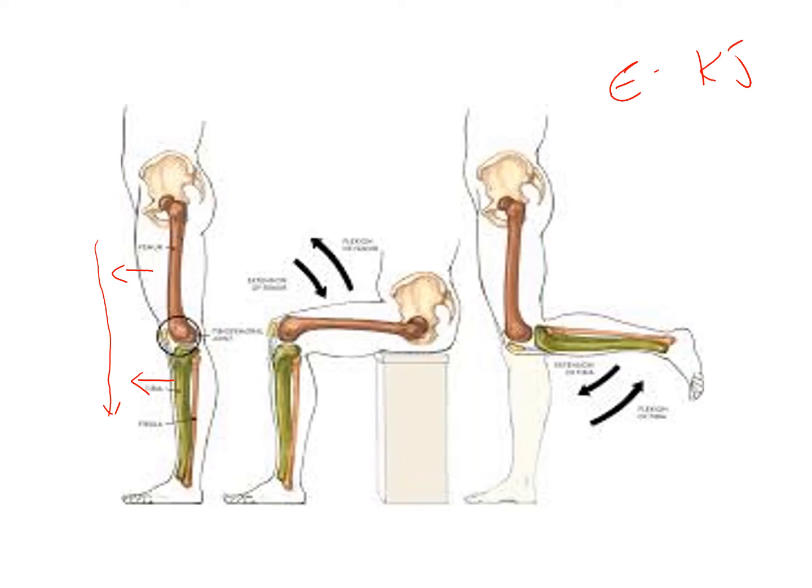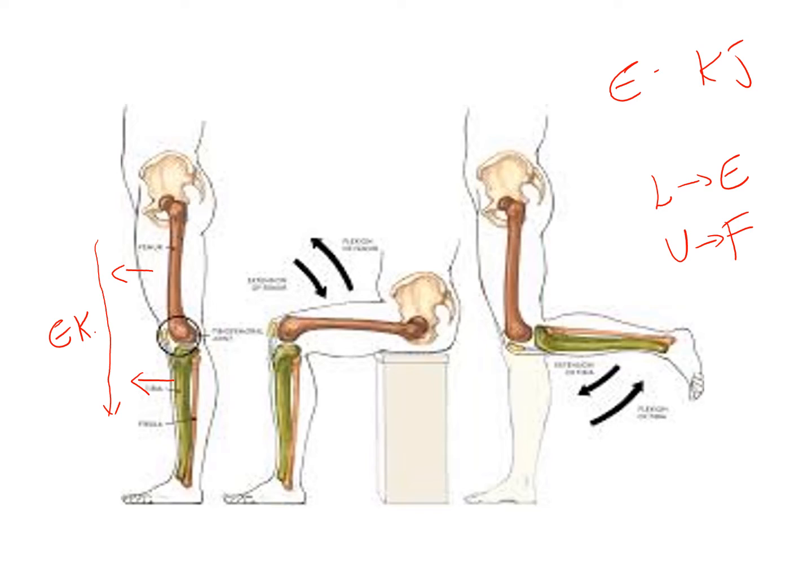In this locking position, all the ligaments are very taut and they prevent us from falling. Now, from this extended knee, if you want to flex your knee, you have to unlock the knee joint. So, unlocking occurs during flexion, locking occurs during extension of the knee joint.